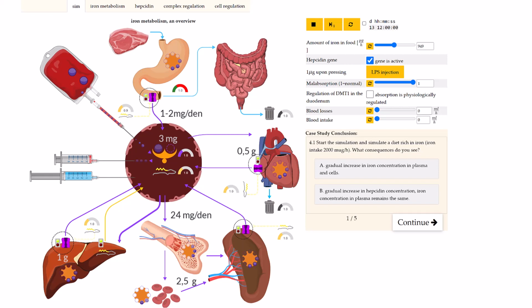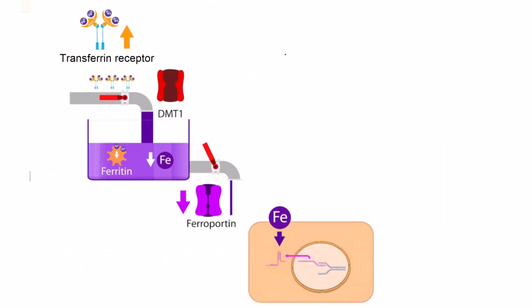Iron content is controlled locally at the cellular level and at the overall organism level. Local regulation of cellular levels is provided at the translation level. When iron levels decrease, the production of transferrin receptors and DMT1 transporters increases, increasing iron influx into the cell.